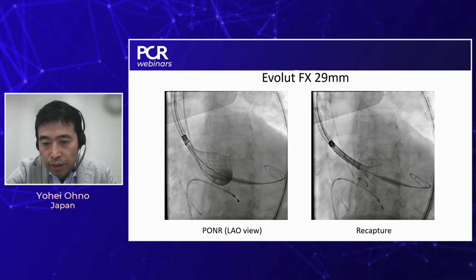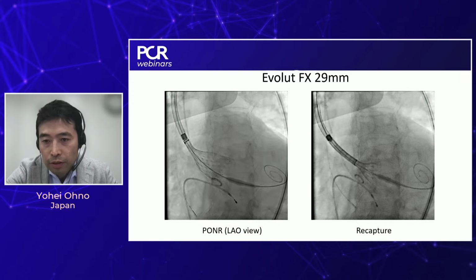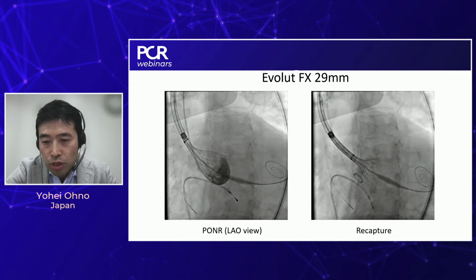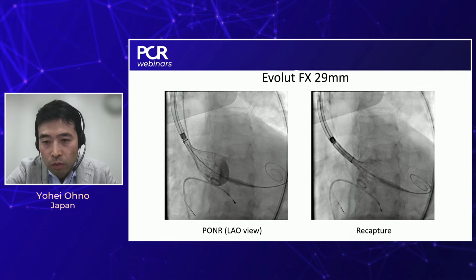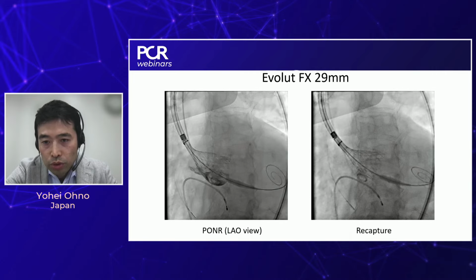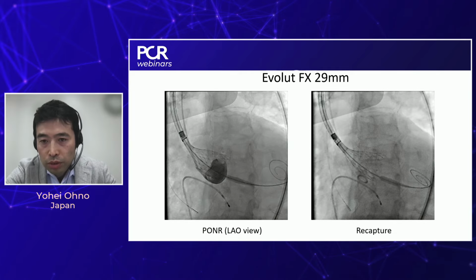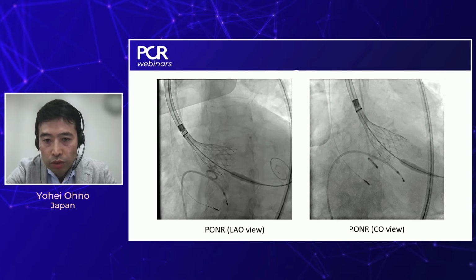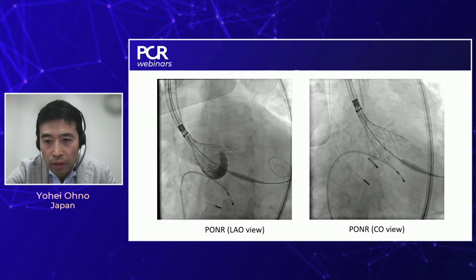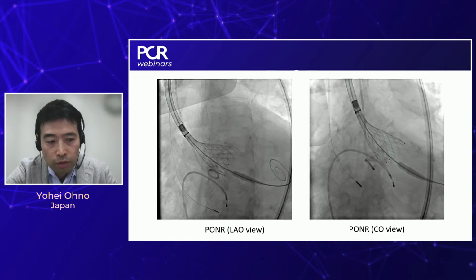This recapturing process should be done very carefully, with nice pacing, push and pull within the wire and the valve system. We were able to achieve a very good position in this second attempt, as shown here, both in the LAO view as well as the cusp overlap view.